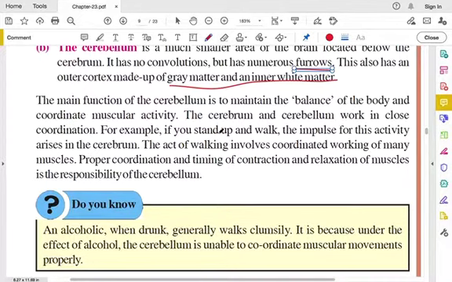The main function of the cerebellum is to maintain the balance of the body, and for that it coordinates muscular activity. What do we mean by maintaining the balance? If you're walking or standing, we have to maintain the balance, otherwise we will fall down.